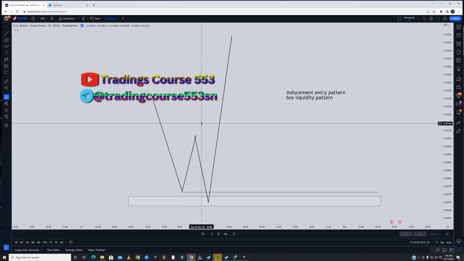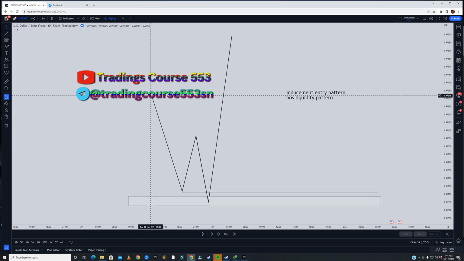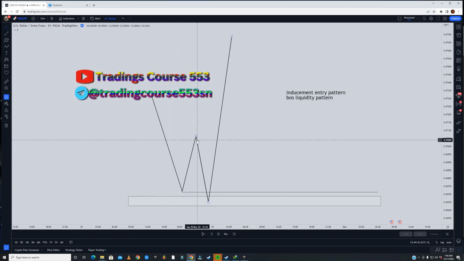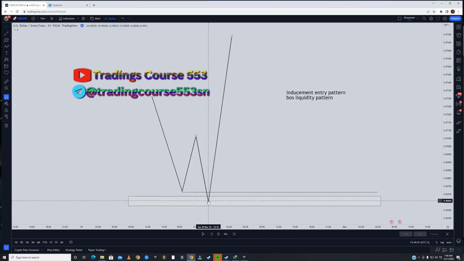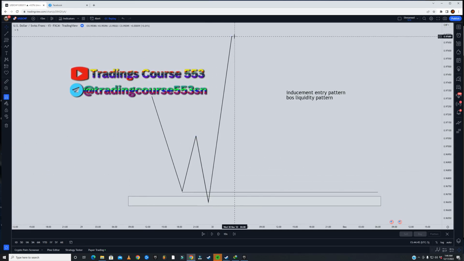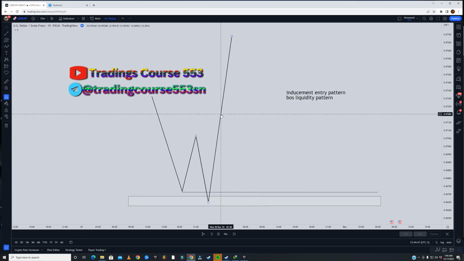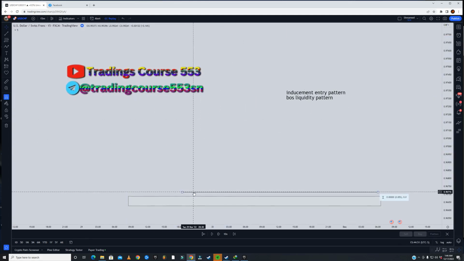Whether it's order flow, it works perfectly well. So you see you have inducement. This is our POI, price comes back into the POI, and you would have taken your entry here, and boom, it goes up.